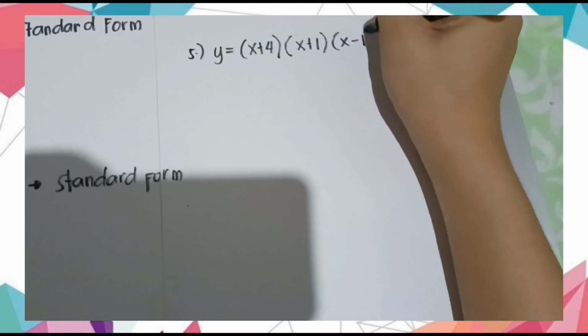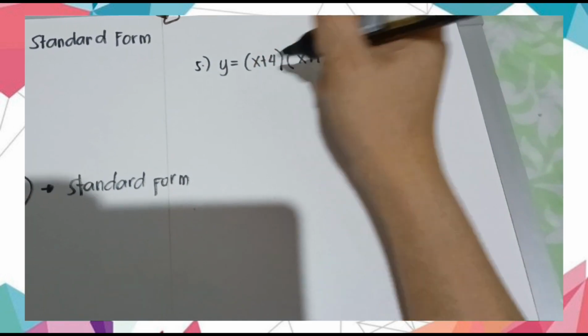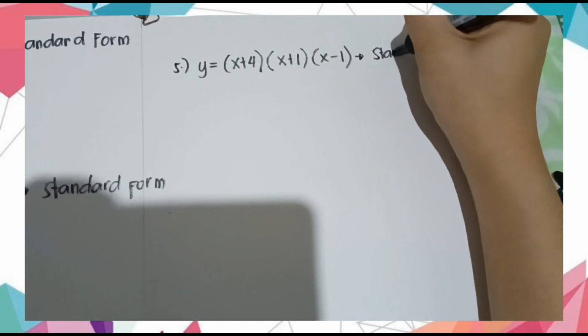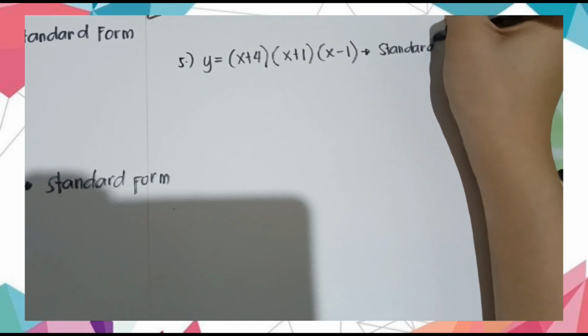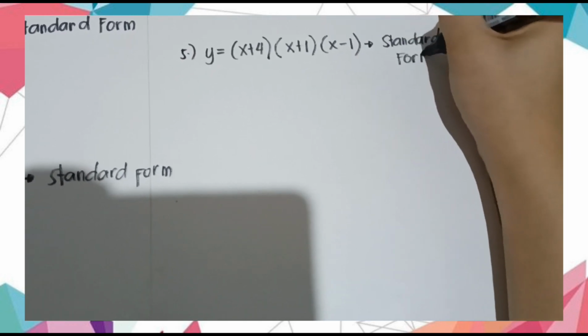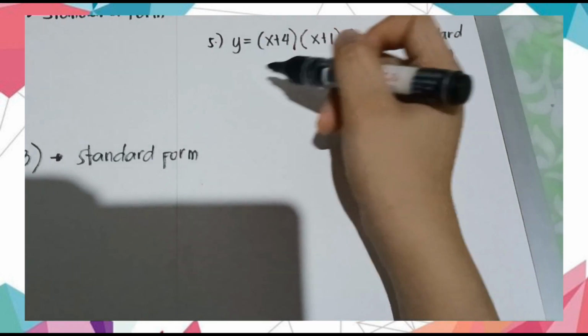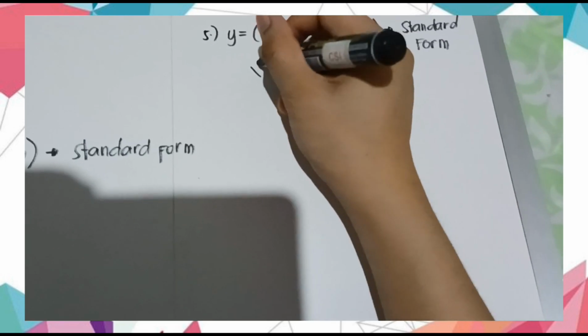And then first, we multiply x plus 4 times x plus 1.